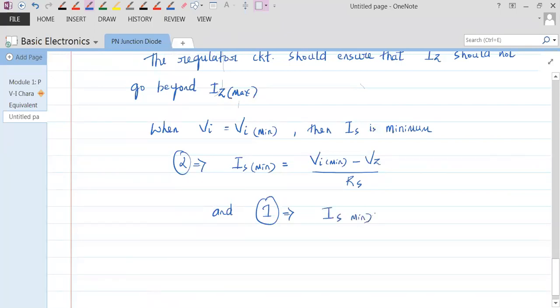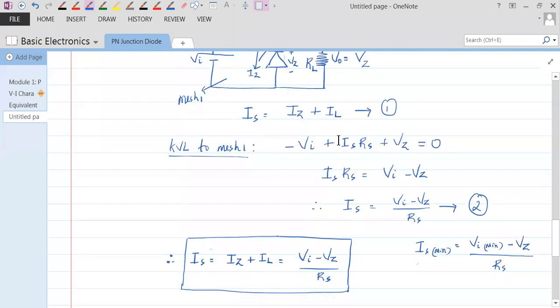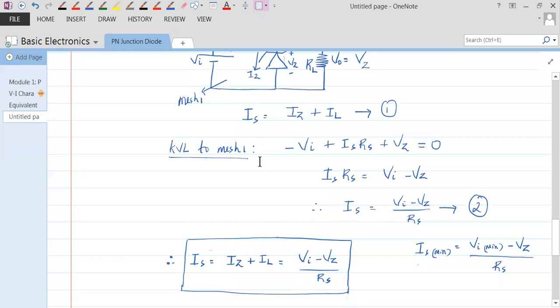Since Is minimum is there, okay, we can say Iz would also be minimum plus the load current. See here, this equation number 1 would look like that. When Vi is minimum, Is is minimum. Since Is is minimum, Iz would also be minimum because IL is the same.